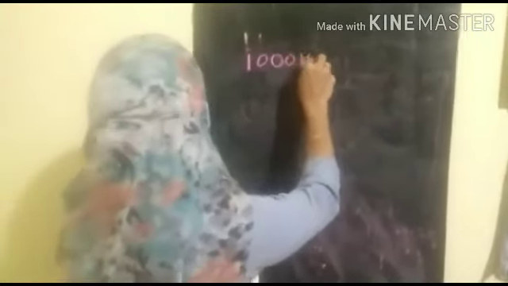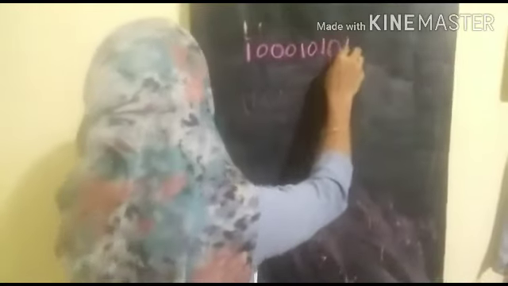Then one more example, converting a binary number into a hexadecimal number. First we write the binary number 1 0 0 0 1 0 1 0 1 0 1 1, base 2.